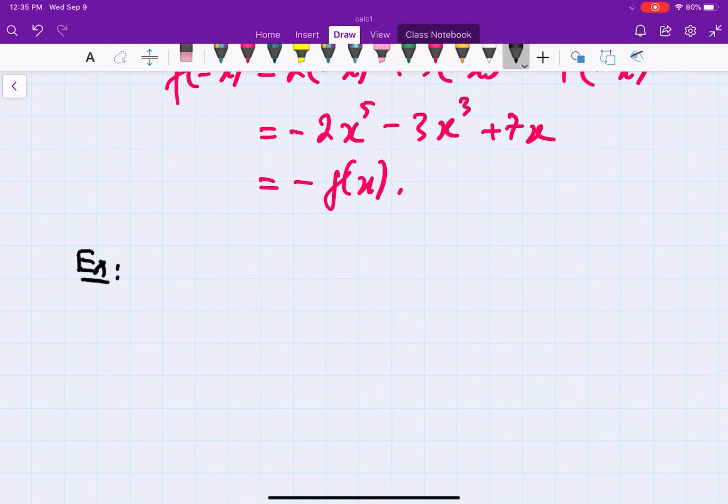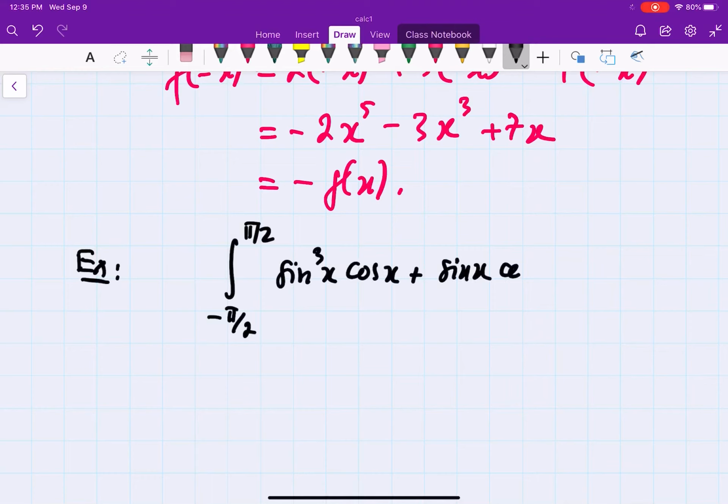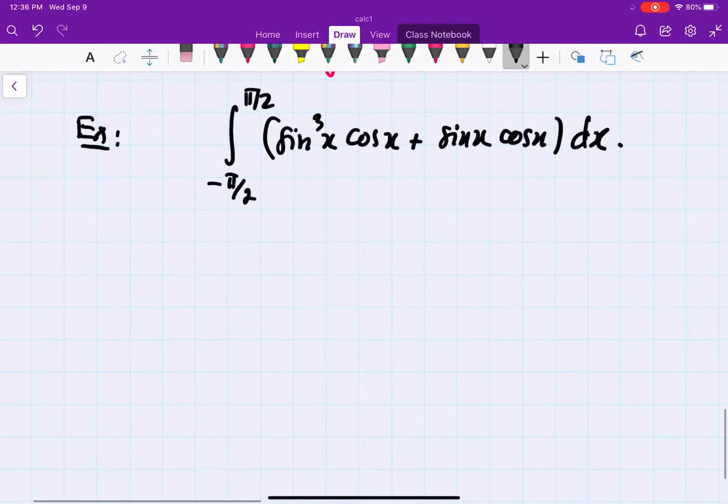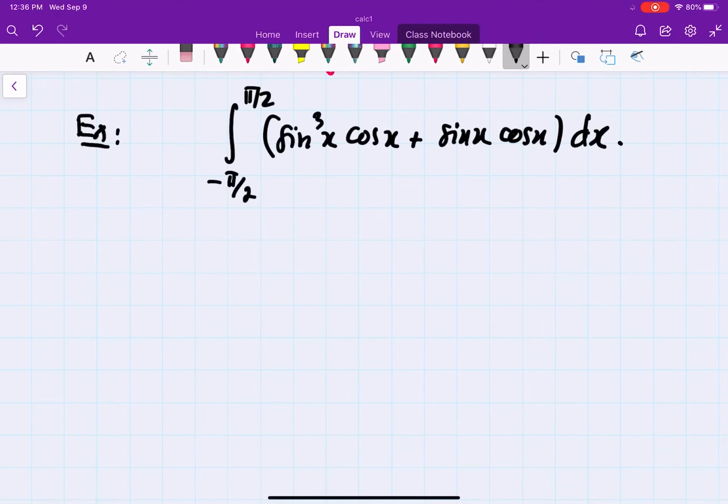Let's talk about trig functions. Let's evaluate the integral from negative pi over 2 to pi over 2 of sine cubed x cos x plus sine x cos x dx. Before we solve this integral, I would like to mention one thing. The function y equal to sine of x is odd.